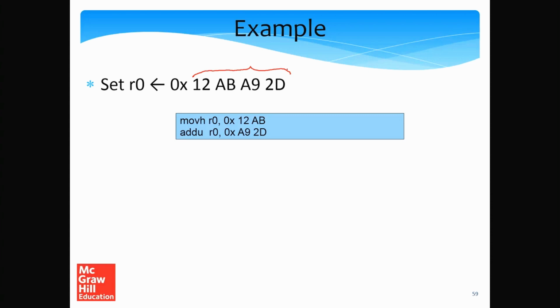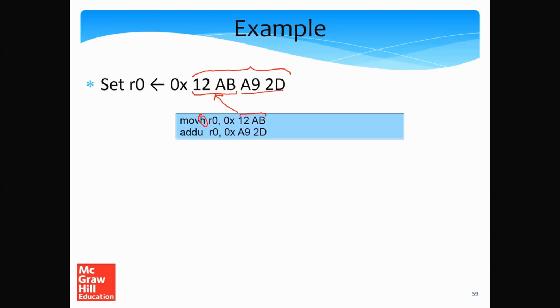So let us break down this problem into two simple problems and solve the problems in parts. The first problem is that we need to take 1 2 AB and load them in the two upper bytes. That's very easy. So we consider 0x1 2 AB, in the hex form. We use the H modifier to actually move this to the two upper bytes.